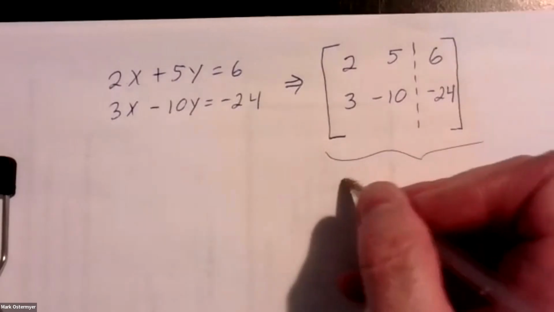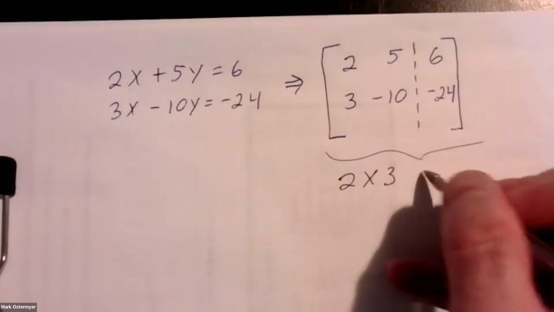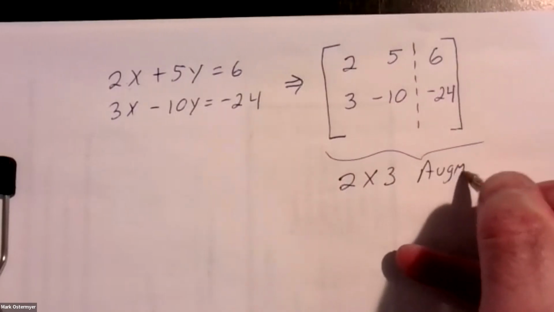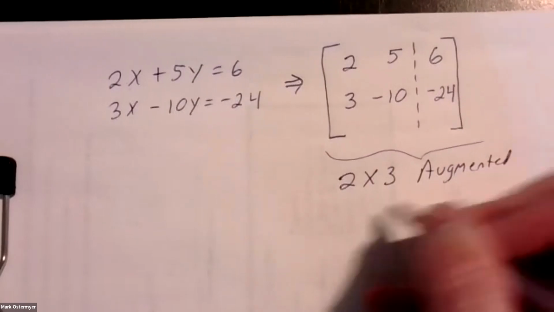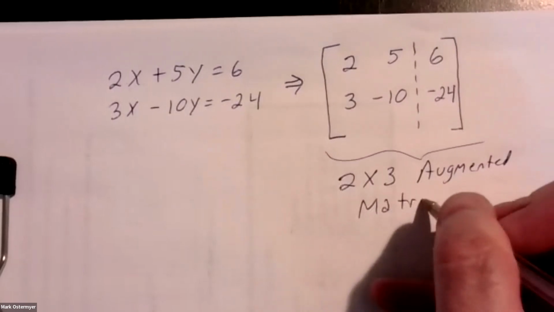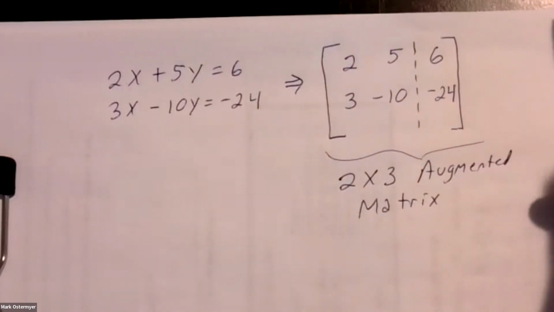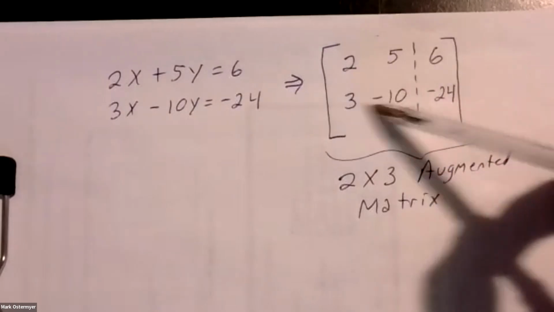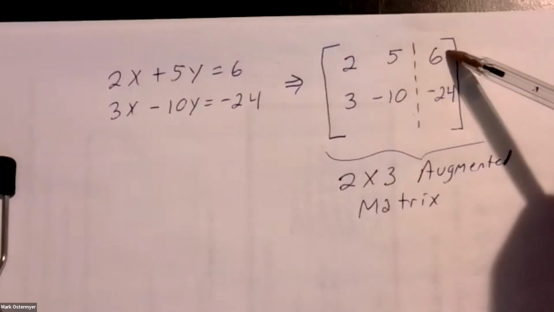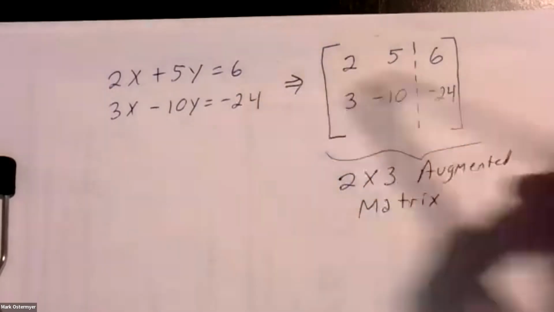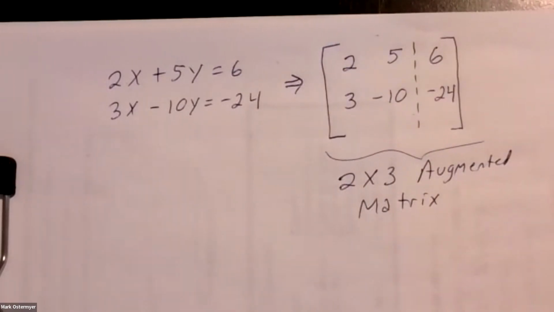This matrix here is called a 2 by 3 augmented matrix. It's an augmented matrix because it pertains to a system of equations where we have the coefficients on the left side of this vertical line and we have the right-hand side constants of our equations over here. Okay.